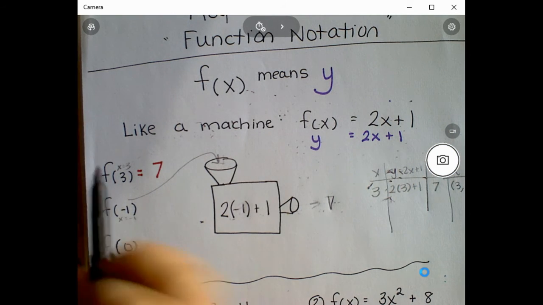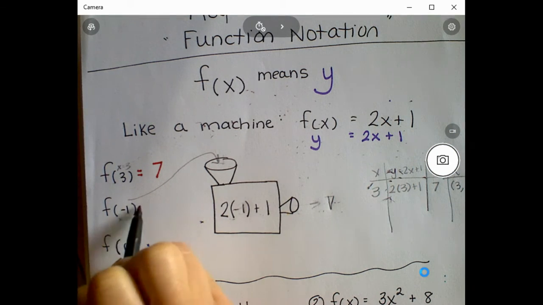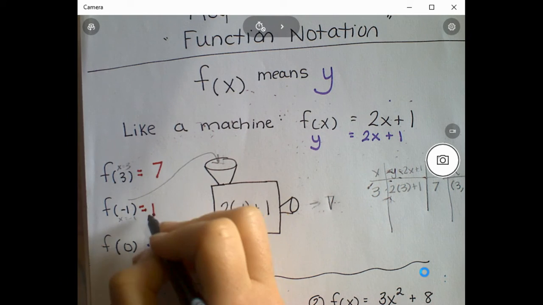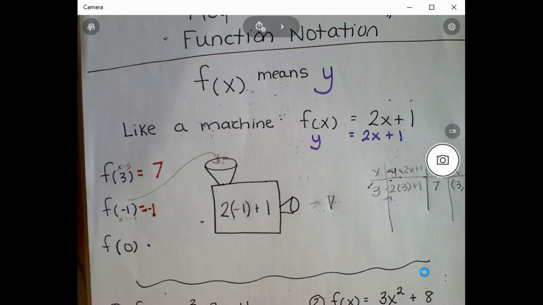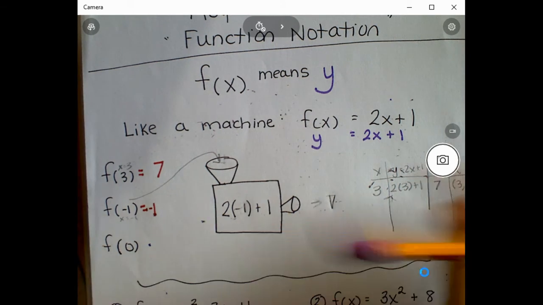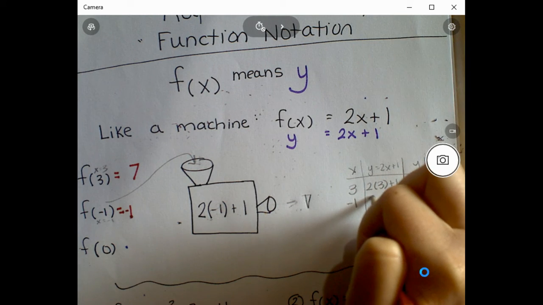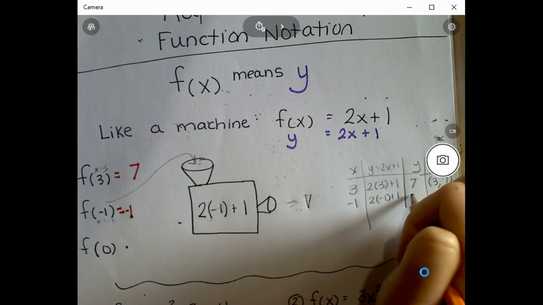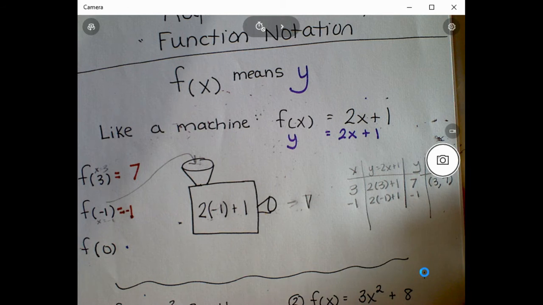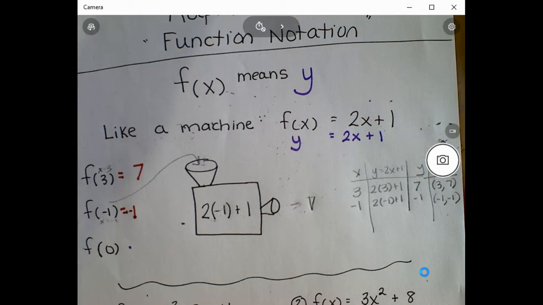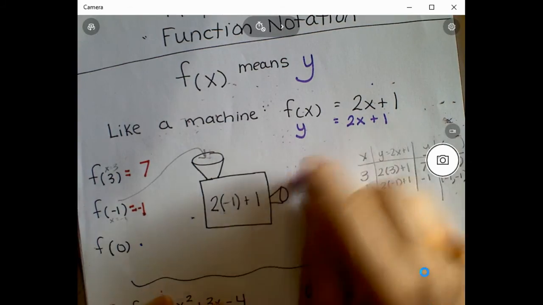So f of -1 equals -1. Sorry, I couldn't read my handwriting. All right, and again, you could look at it the same way as this chart. If you substituted -1 for x, you end up with -1 as your answer, and you have a point, -1, -1.